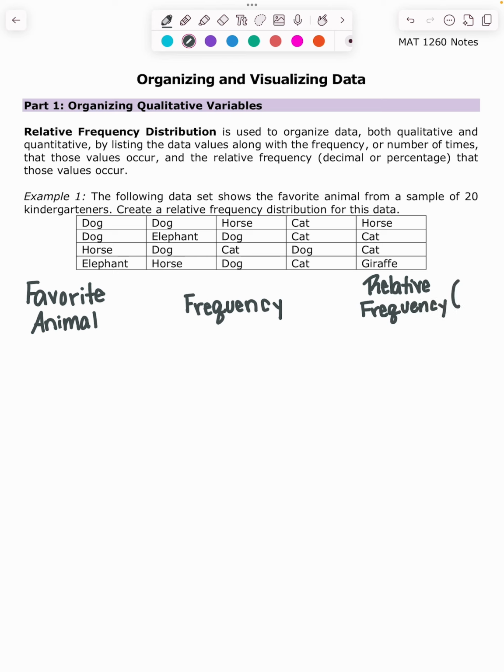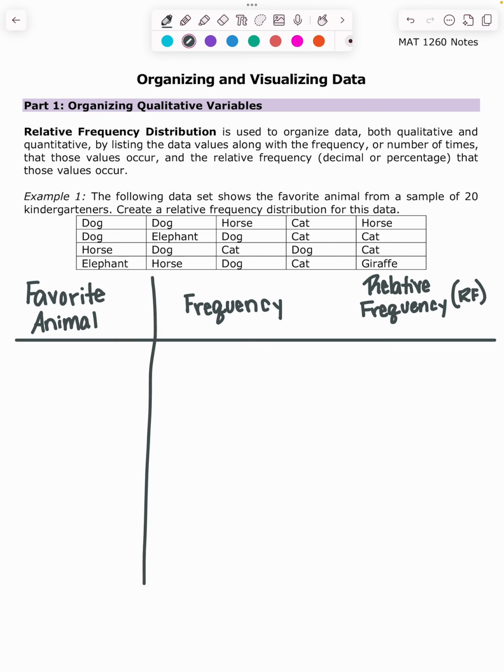And I tend to shorthand relative frequency to RF. So in future videos, if you see that shorthand RF with one of these tables, just know that that is relative frequency. That's just something I do. I don't know that that is a common shorthand.